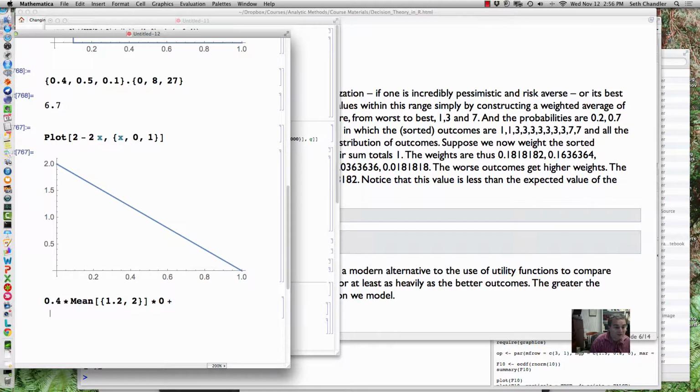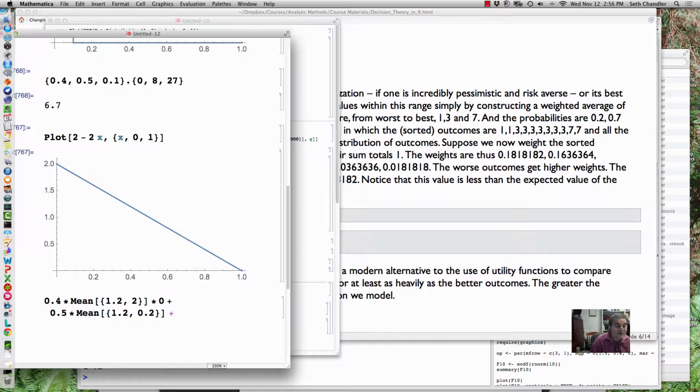Plus, we're going to take this trapezoid, which has a distance of 0.5, and we're going to take the mean of 1.2, and let's see, at 0.9, this height is 0.2.